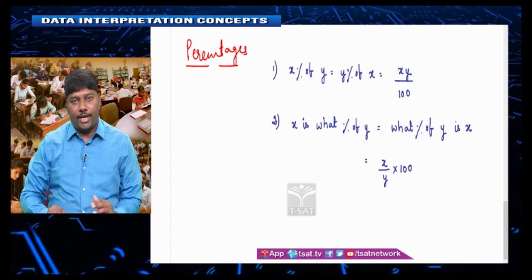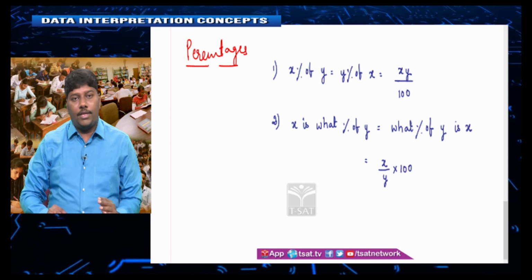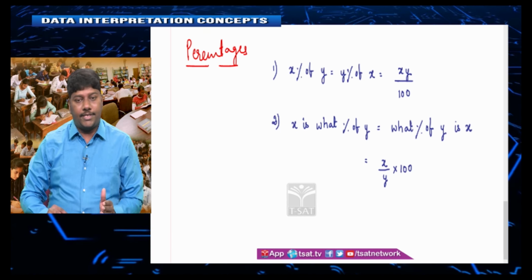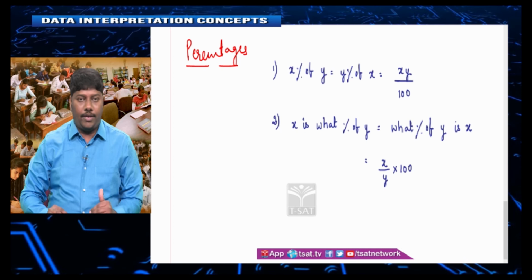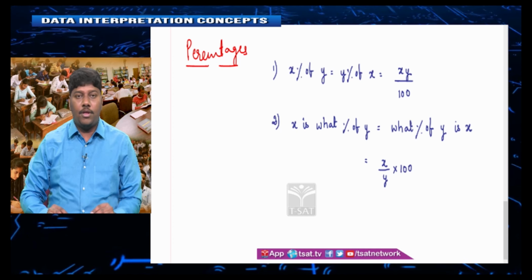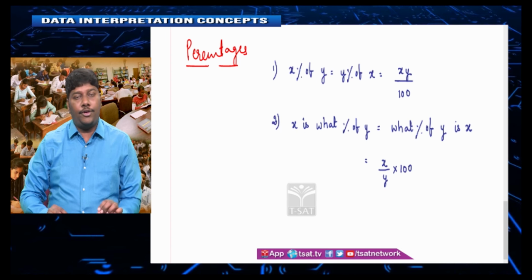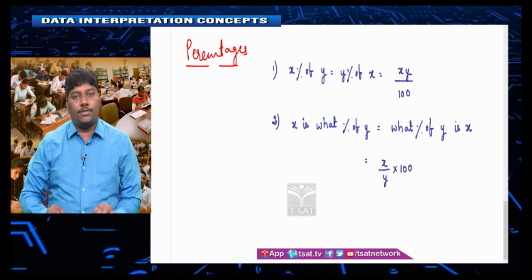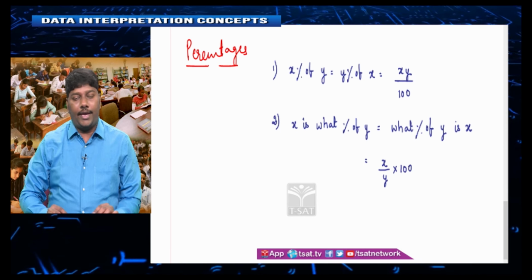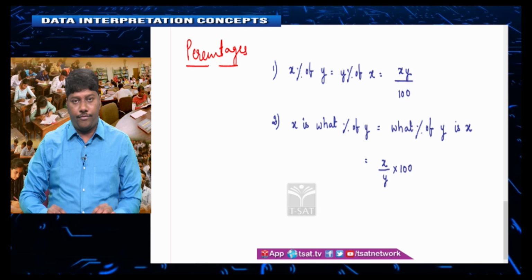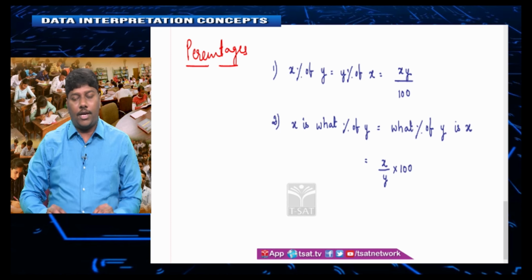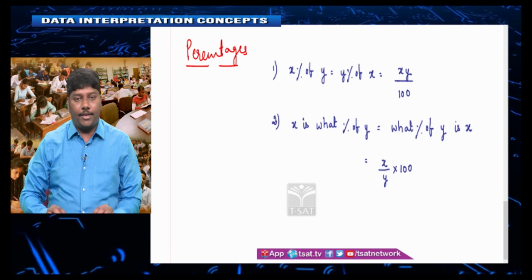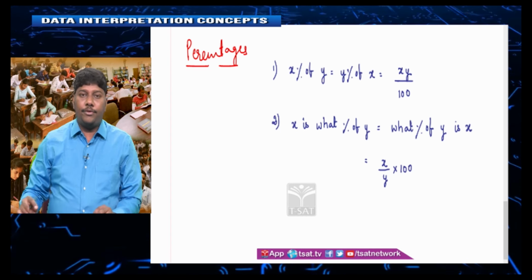When they compare one value with the other in terms of percentage, then you can always use this formula: X is what percent of Y, or what percent of Y is X. They may also ask it the other way: what percentage of the cars produced in 2020 is equal to the cars produced in 2015. So here X is the cars produced in 2015, and Y is the cars produced in 2020. This 2015 and 2020 I am taking is purely an assumption.